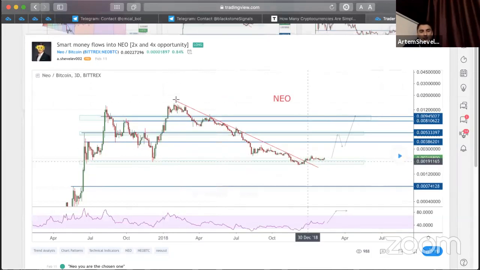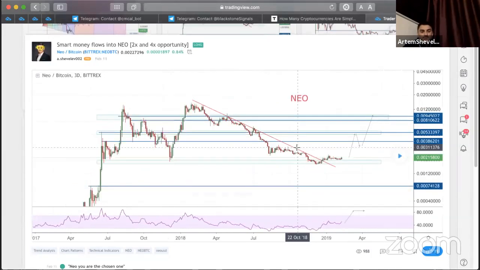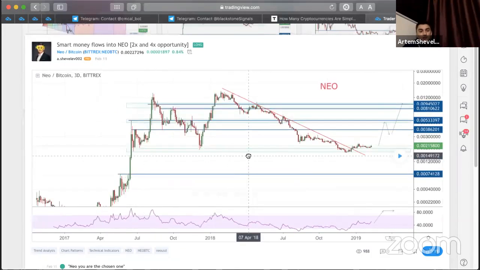Look at this downtrend: 1, 2, 3, 4, 5, and 6 touches of this downtrend line. And we have a breakout. It's bullish. It's just not as reactive as it was in 2017, 2018, but still bullish.